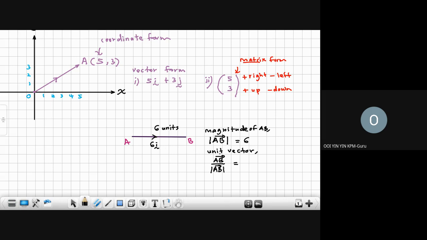So what we want for unit vector is that we use your vector AB, which is 6i here, and divide with the magnitude, which is 6 from counting the boxes. So 6 over 6, you get 1i. And this 1i is what you call the unit vector.